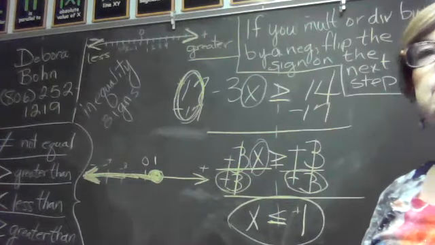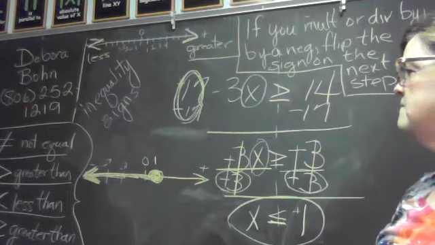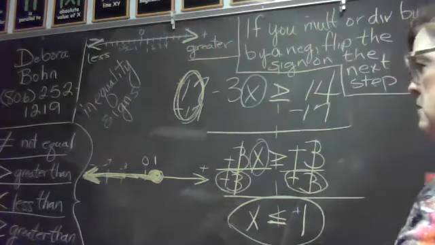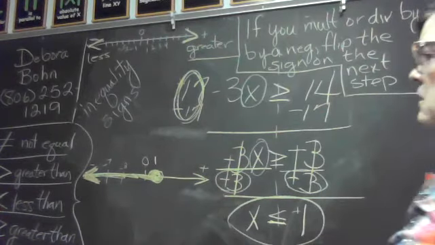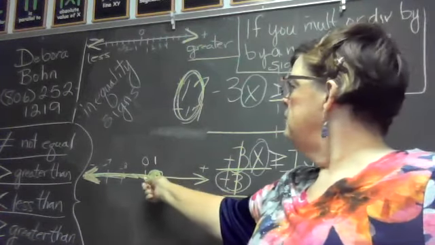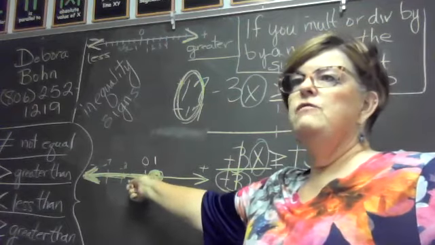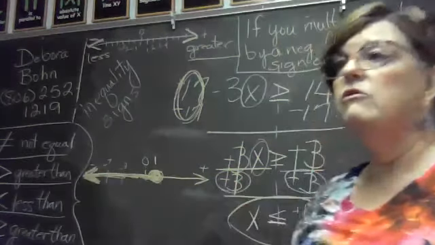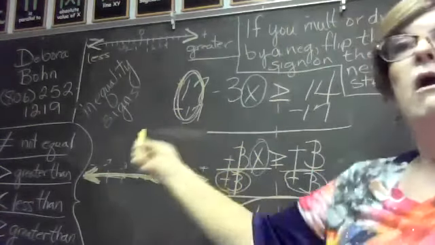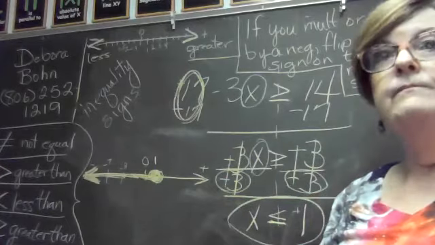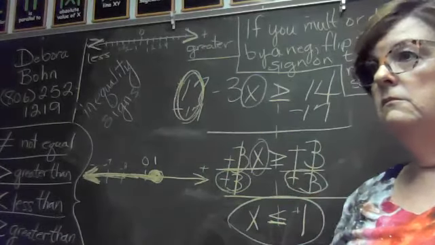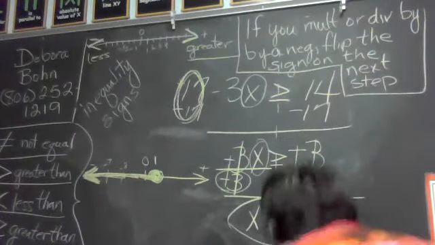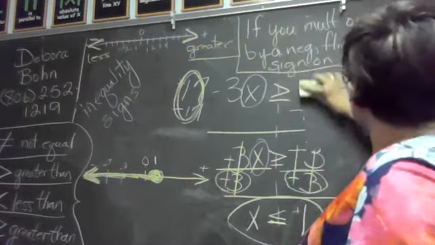So the value of x is not only 1, but it could be 0 or -1 or -2, or it could be -8.5 or -8 3/4. That's what we color in, all of the numbers, because it just says that it could go there or anywhere down the line until it stops.